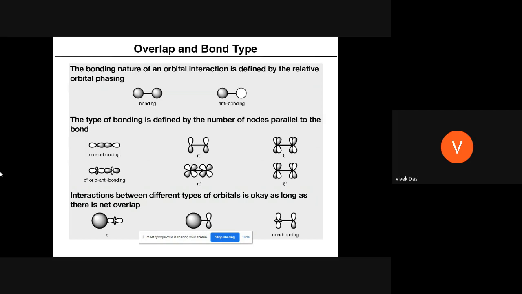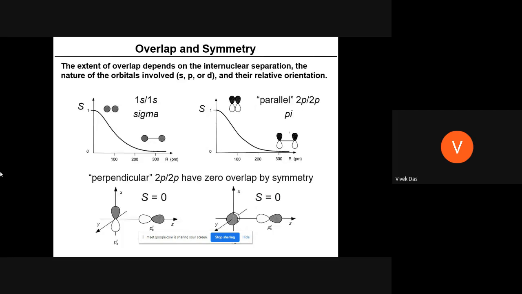When non-bonding orbitals also come in, in the case of transition metals, the non-bonding also plays a major role in those complexes. This overlap depends on the internuclear distance and also the orientation, that is, the angle of the orbitals with respect to each other.